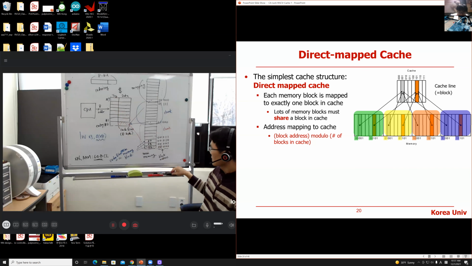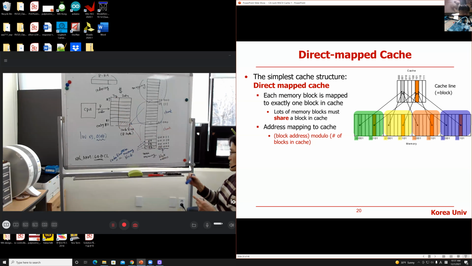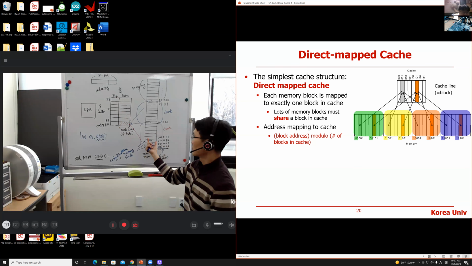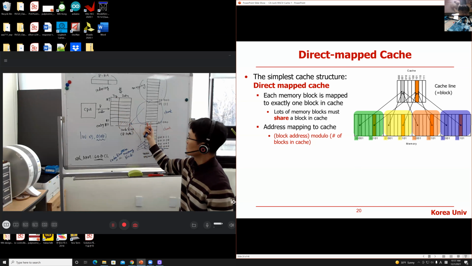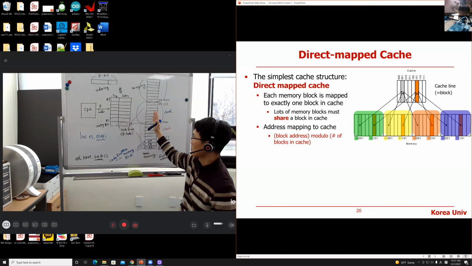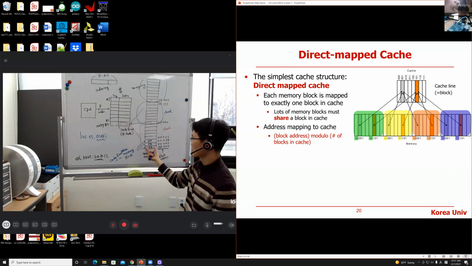So then the question is, you would think, okay, I have to explain block address first. The data transfer between cache and main memory is based on the memory block, right?